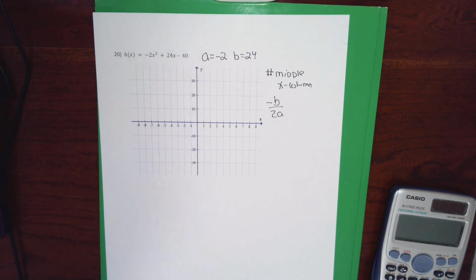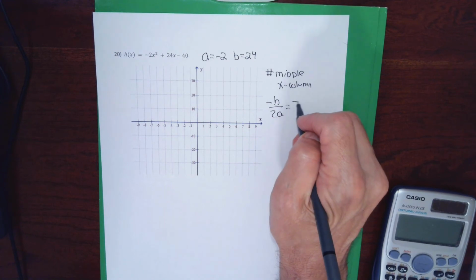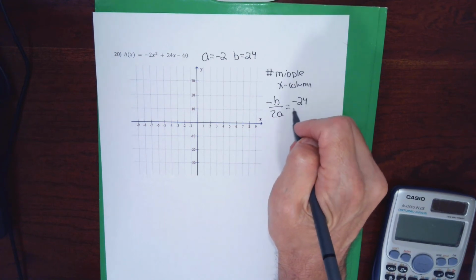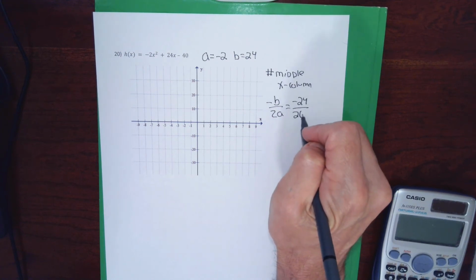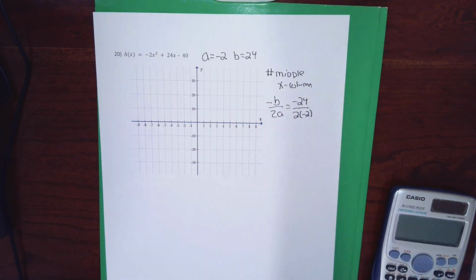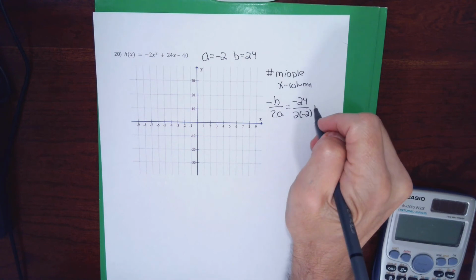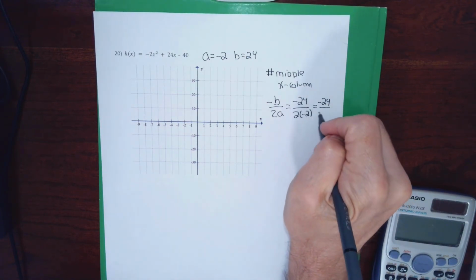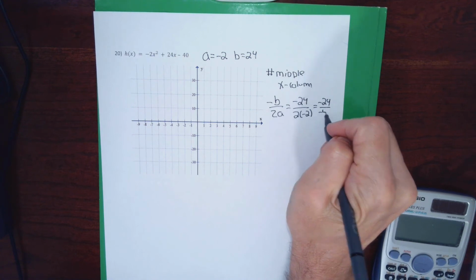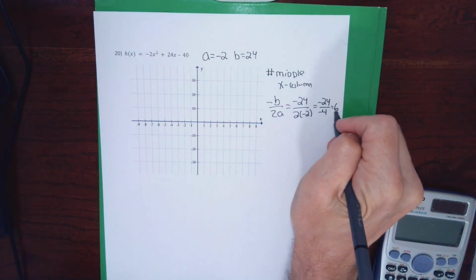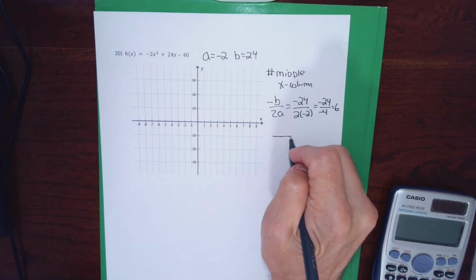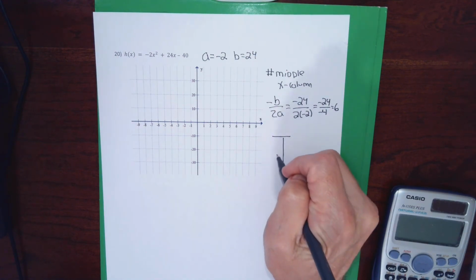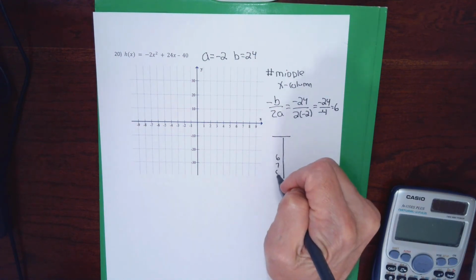If there's not a parentheses and there's both an x squared and an x term, you need to use this formula. So negative b in the numerator becomes negative 24. 2a in the denominator becomes 2 times negative 2. I get negative 24 over negative 4. I'm going to put a positive 6 in the middle of my x column and then go bigger and smaller.